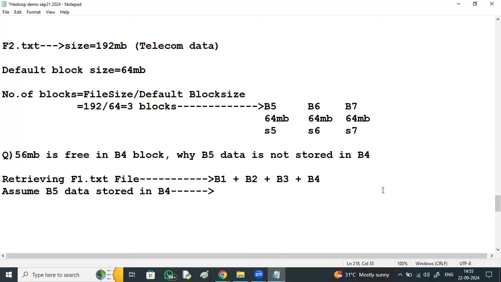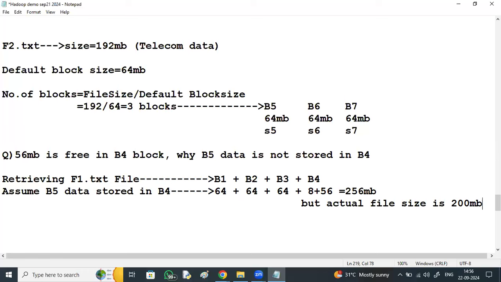Then 64 plus 64 plus 64 plus 8 plus 56, totally how much? 256 MB. But the actual file size is 200 MB.